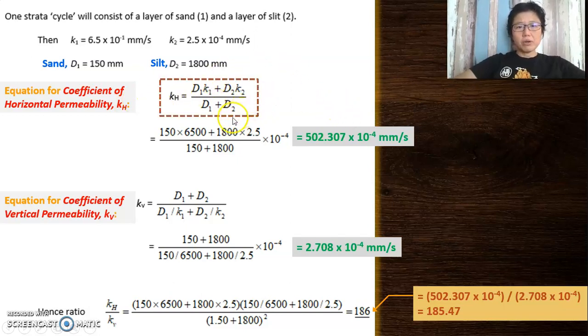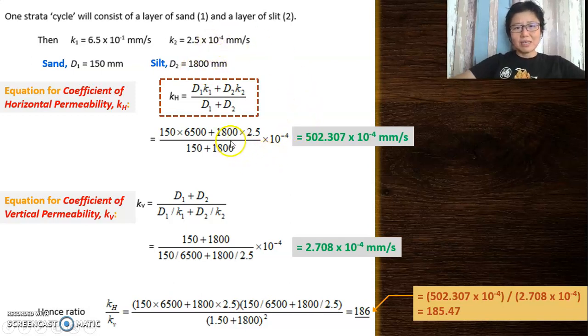So just pop in all the numbers. D1 refers to the sand layer, the thickness is 150 mm, so pop it in here. K1, of course, is the K value for your sand, and D2, K2 refers to the silt. So take the D2 and the K2.